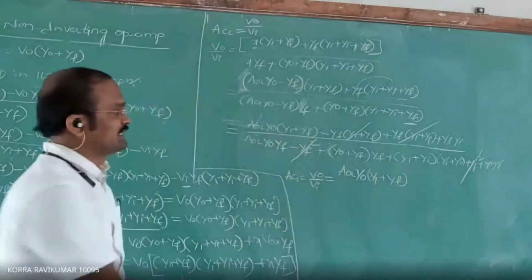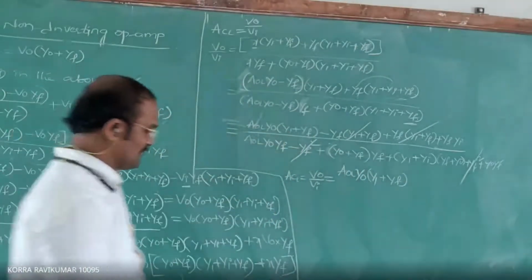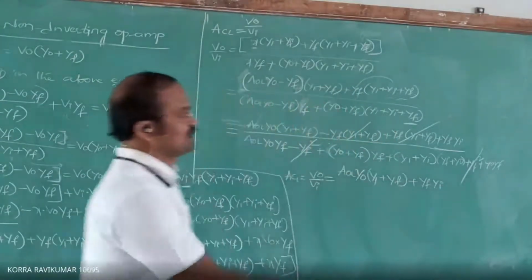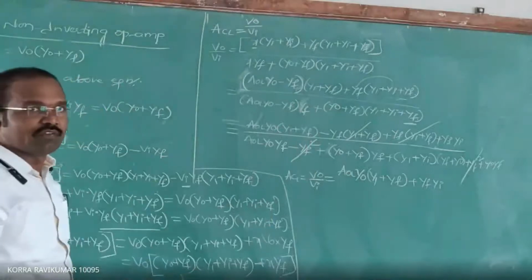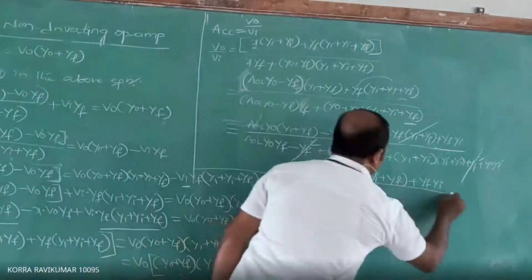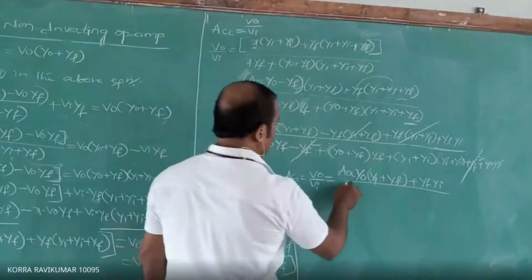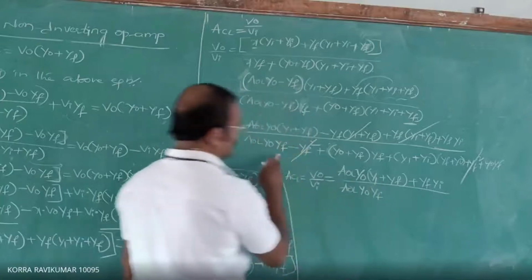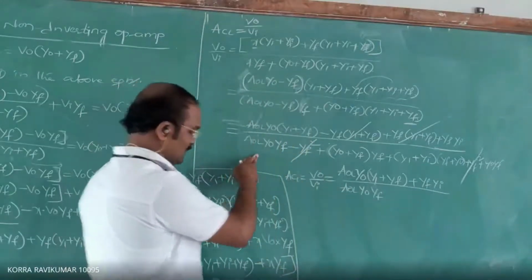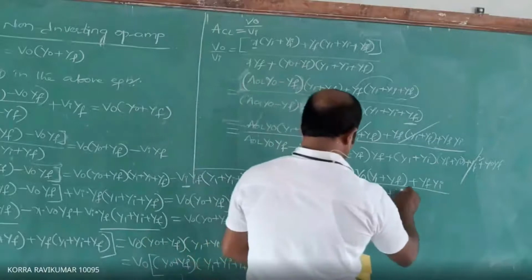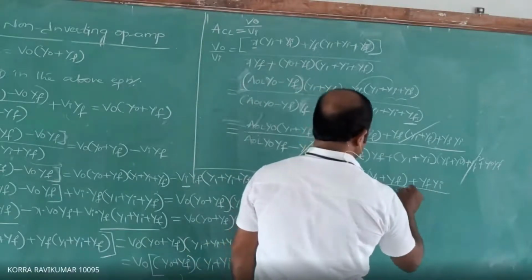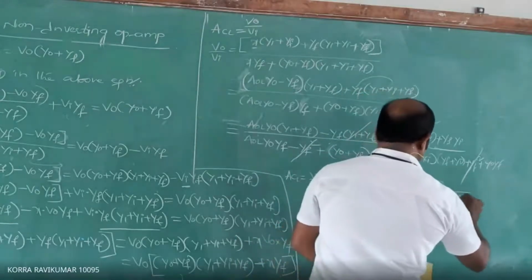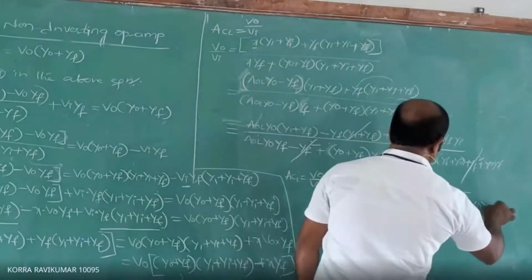This term as it is, you can write plus YF into YI, the last term in the numerator, whole divided by AOL into Y0 into YF, this first term in the denominator, plus (YF plus Y0) into (Y1 plus YI) plus Y0 YF.